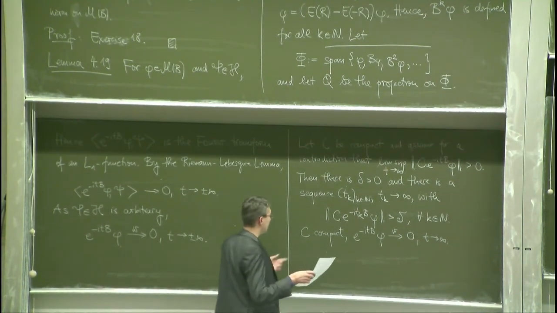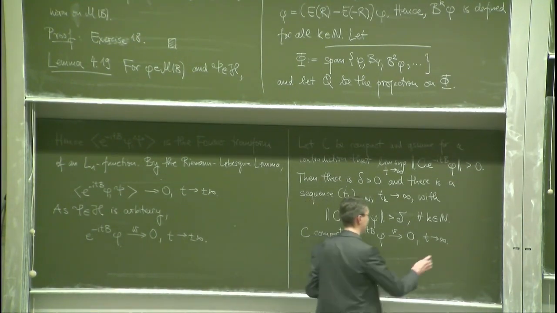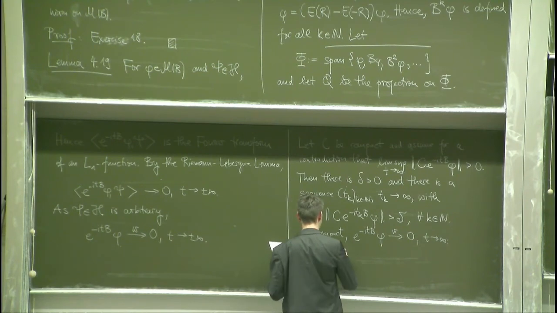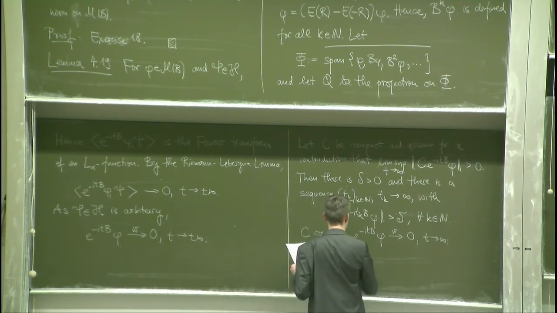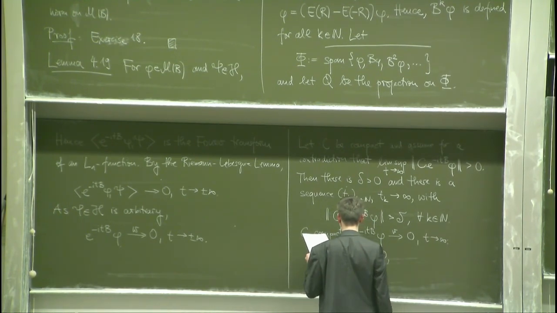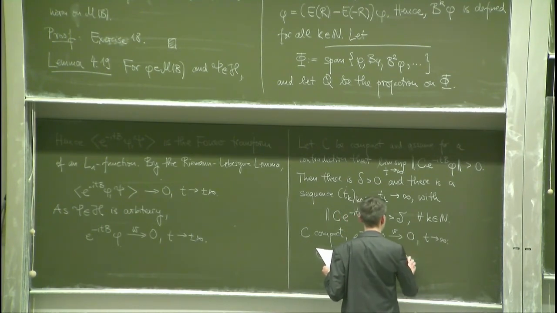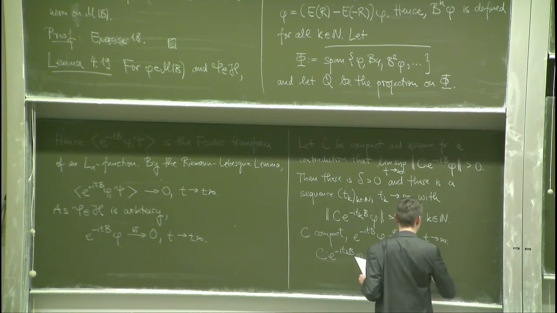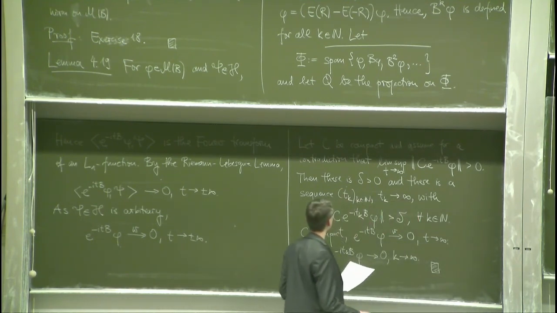So C is compact, and we must have that C exponential minus I t_k B phi converges to 0 when I send k to infinity. And this is, of course, a contradiction. So we are done here.